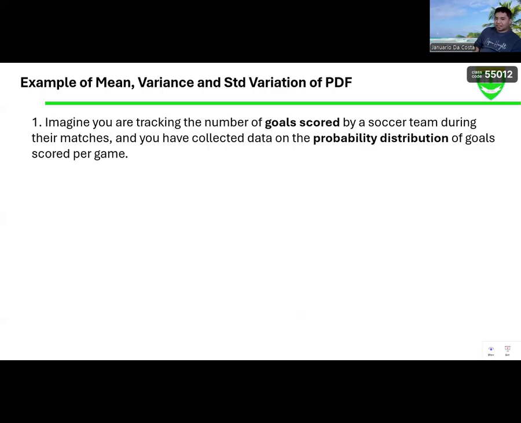And you have collected data on the probability distribution of goals scored per game. For example, data from soccer games, like Barcelona playing Real Madrid. The probability distribution is taken from many past matches, and we use that past data to construct the probability distribution.